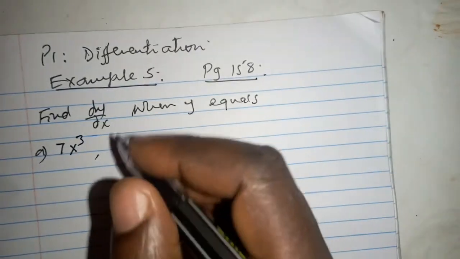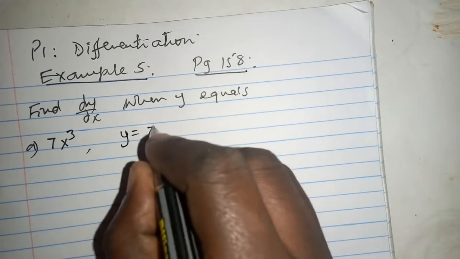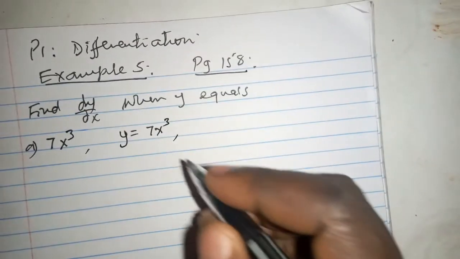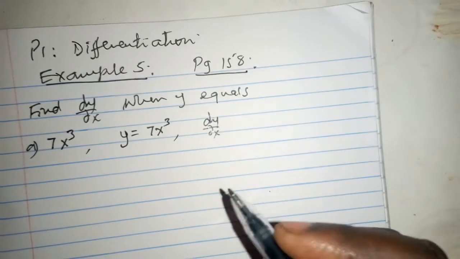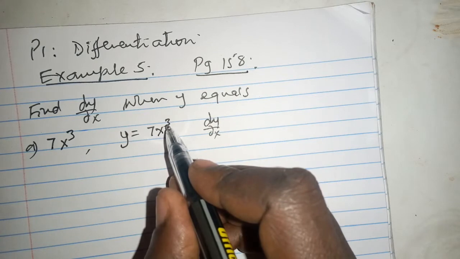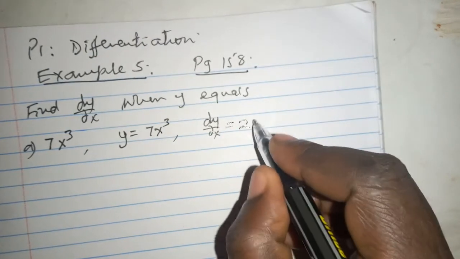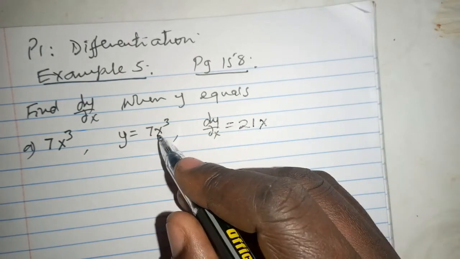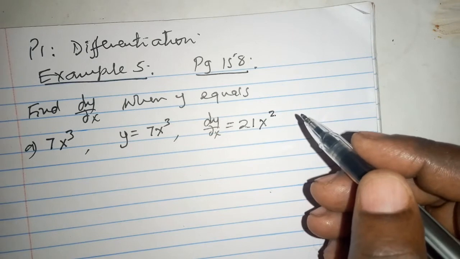This is just a way of saying y is equal to 7x cubed. So if this is the case, what is dy dx? The original index is multiplied by the coefficient, and it's going to give us 21x, and the new index is reduced by 1, and that is the end of the story.